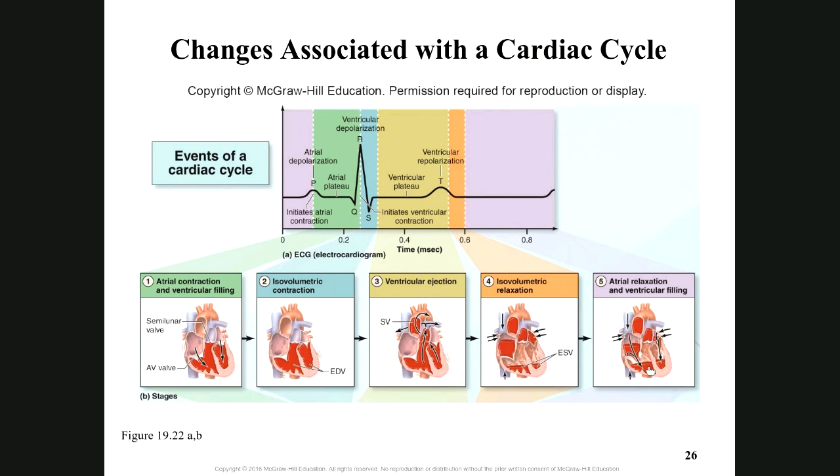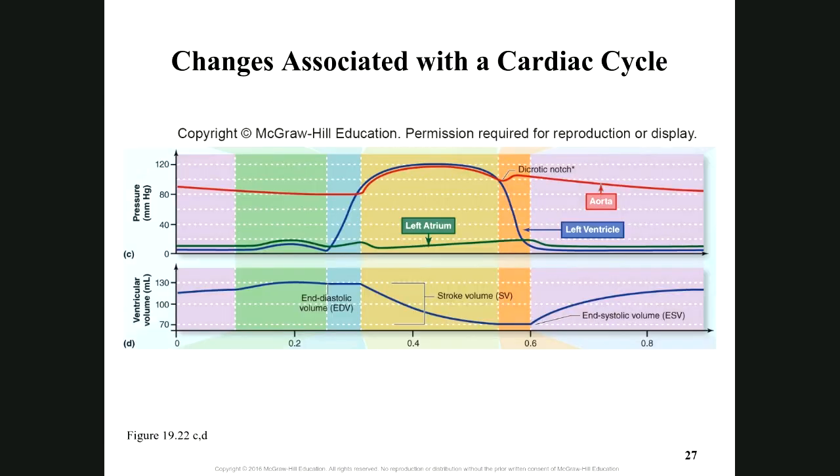When the papillary muscle relaxes, the chordae tendineae become slack and the AV valves become open, and the blood can easily come down from atria to the ventricle. The ventricular pressure at this time is less than the atrial pressure, and the amount of blood in the ventricle starts to increase. And after that, we have the next cycle.